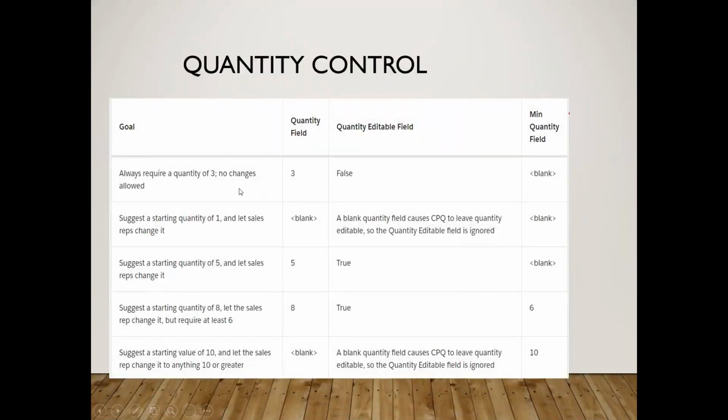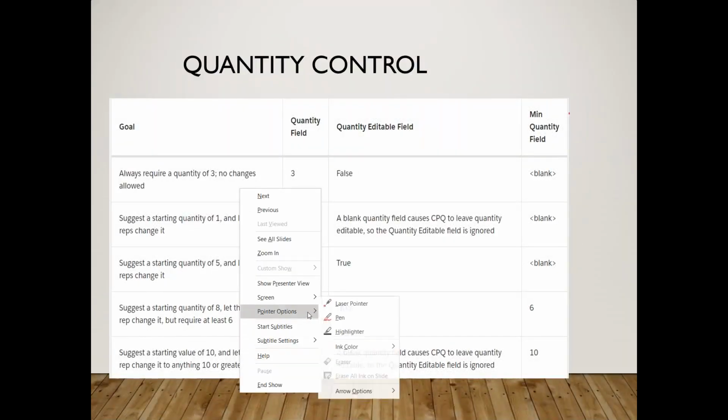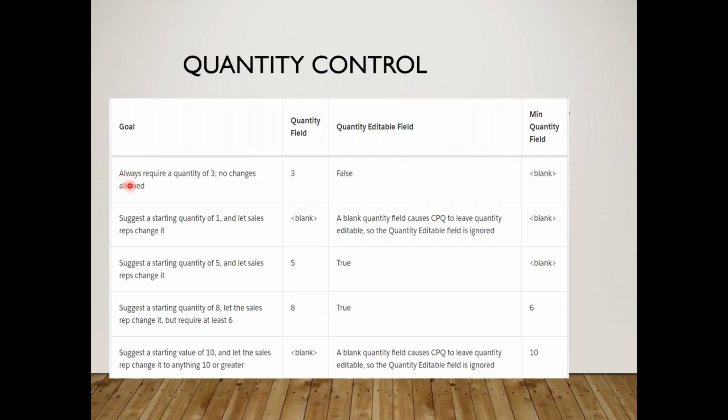So my first goal is, if you read the first statement, forget about all this column. I got one story from my sales rep that always requires a quantity of 3 and no changes allowed, right?